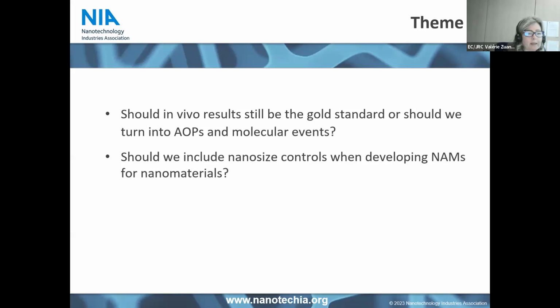And it's also difficult to ask the test method submitter or the test method developer to give us that information, because very often they don't know. So there needs indeed to be some interaction between regulators and test method developers, because they have different interests and they have different knowledge, let's say.